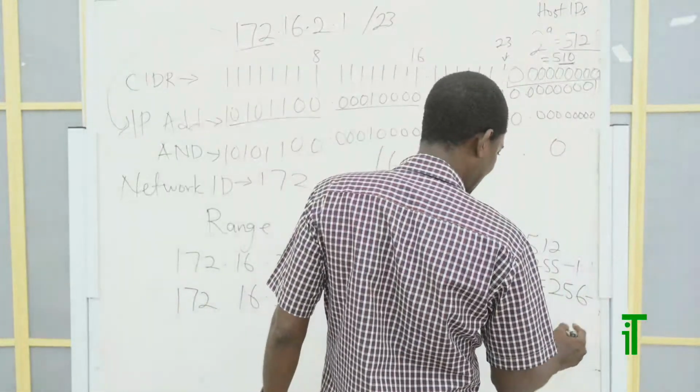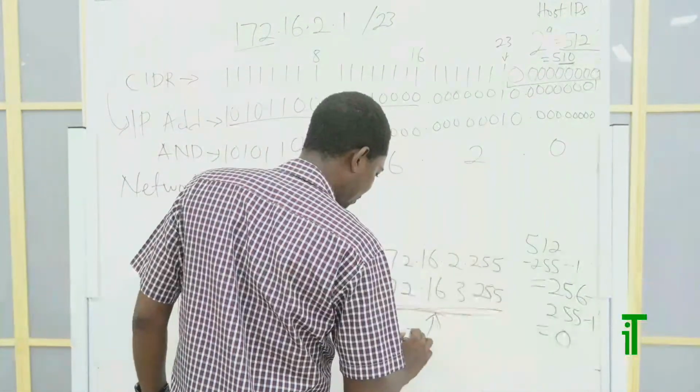I have to subtract, because the last one is the broadcast IP address.